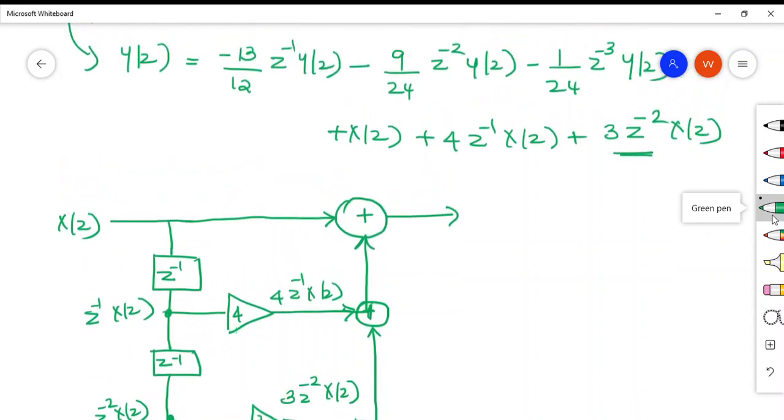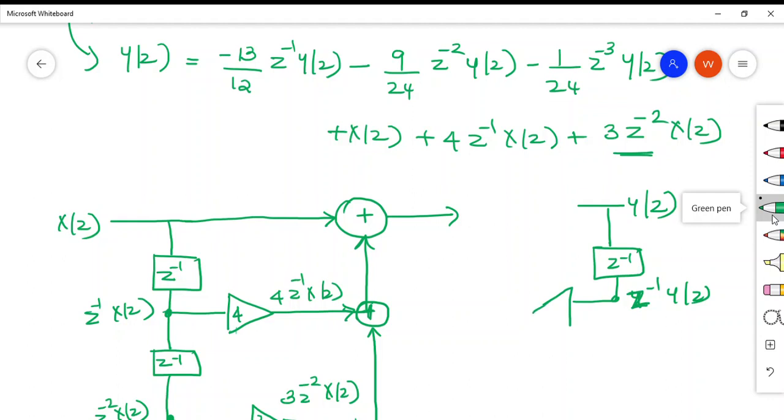So the terms having y of z. Let's see. I will write y of z here. Now let's take the first one. You have z inverse. So the output here you should have is z raised to minus 1 y of z. The constant is minus 13 by 12. You have an adder here. This is added.